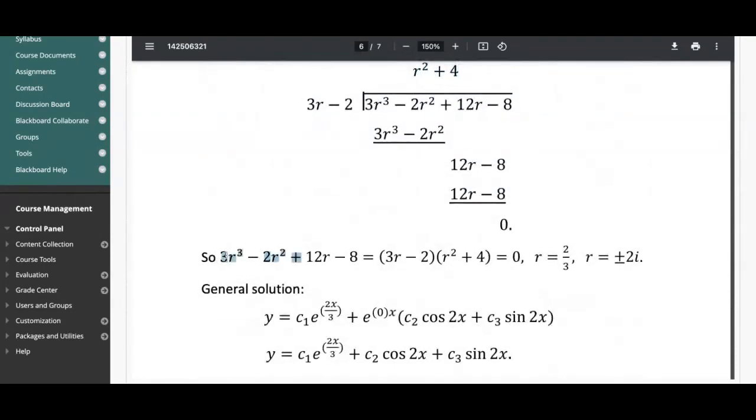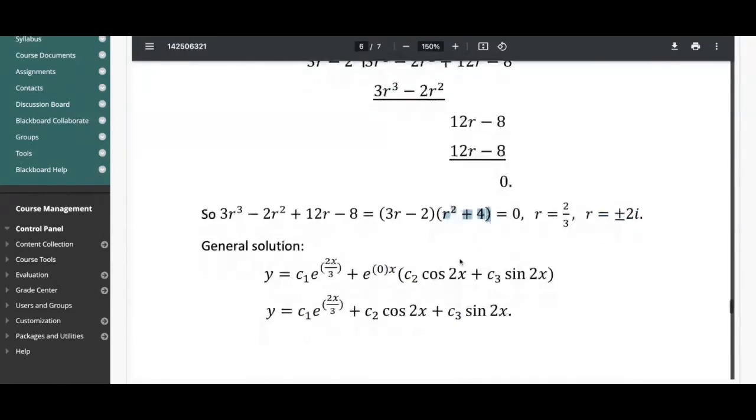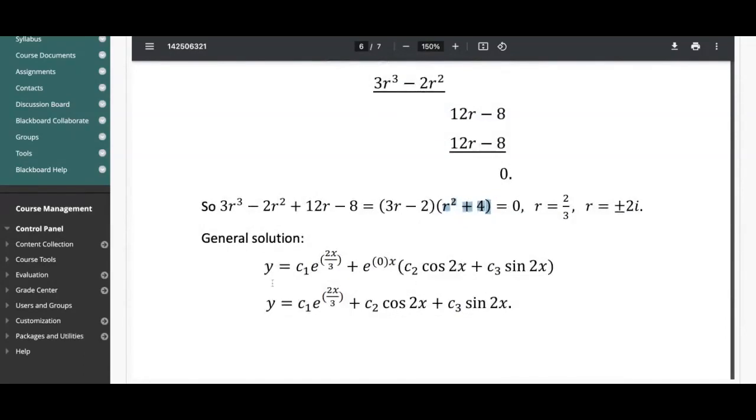So that means this can be factored as 3r minus 2 times r squared plus 4 equals 0. This gives us two complex roots, plus minus 2i. So by the theorems, the general solution is the real solution, C1 e to the 2x divided by 3, and the complex part. The real part is 0 because it's just 2i.